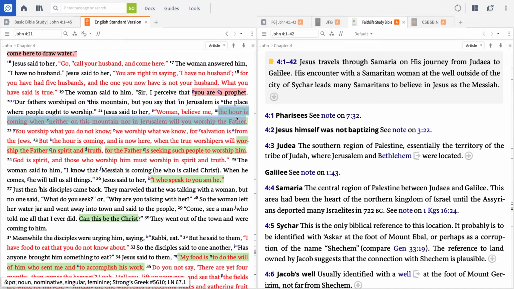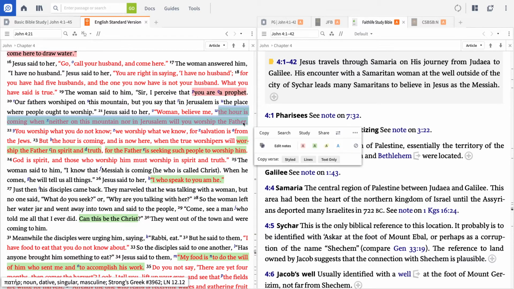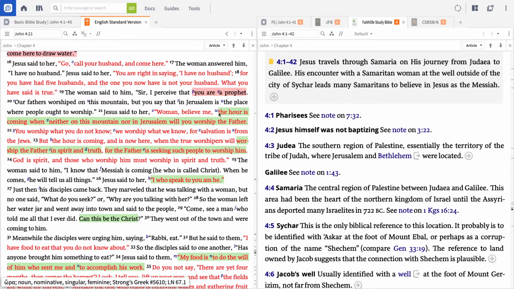Here we go. That ultimately what Jesus is giving belongs to all people, not at a certain location.